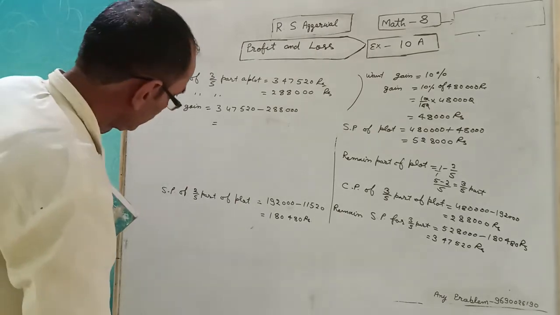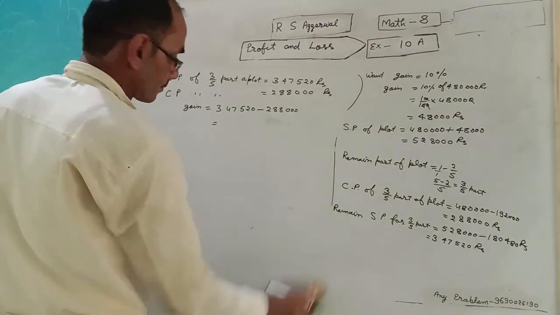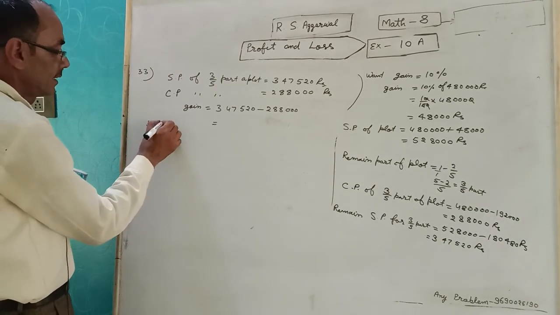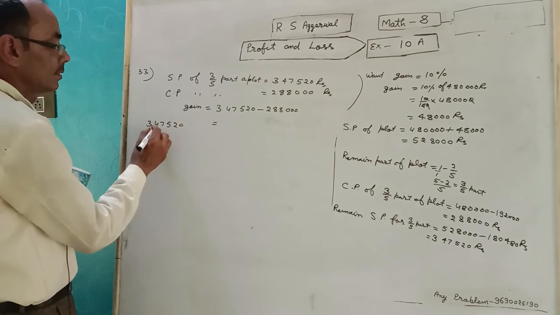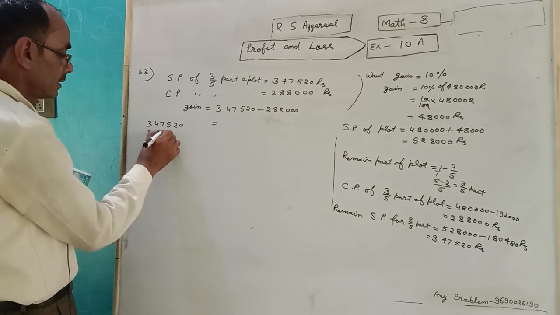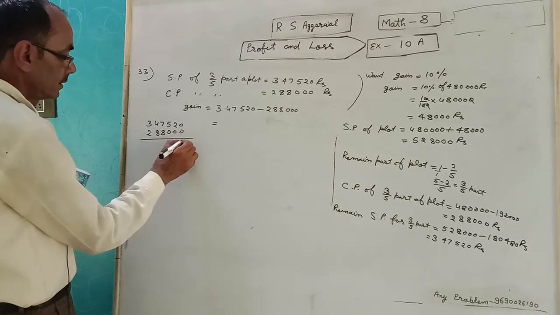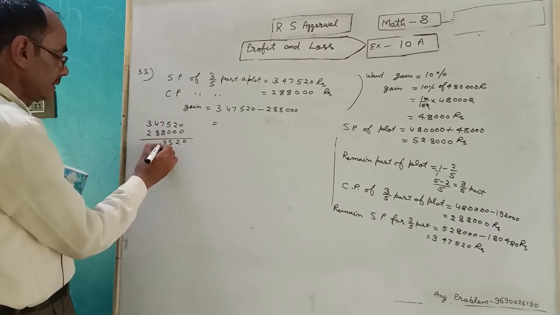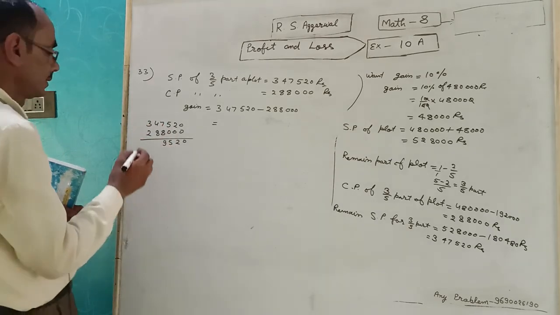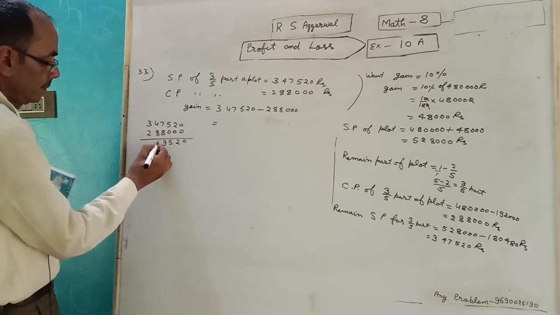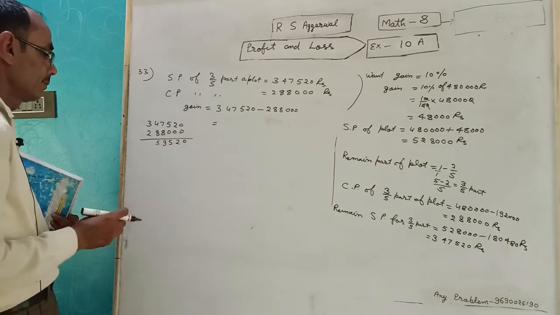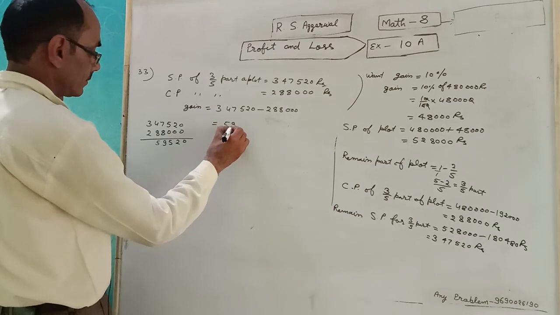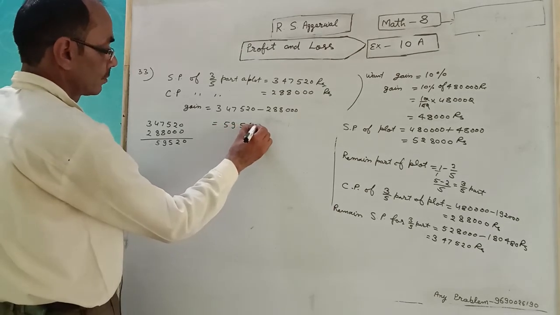After subtracting, the gain is 59,520 rupees.